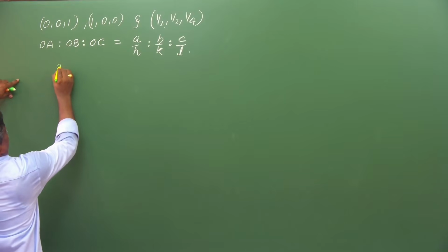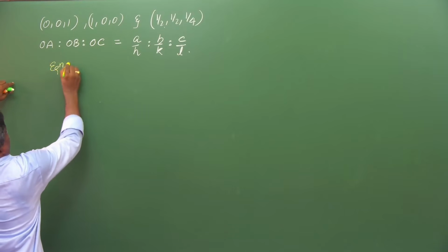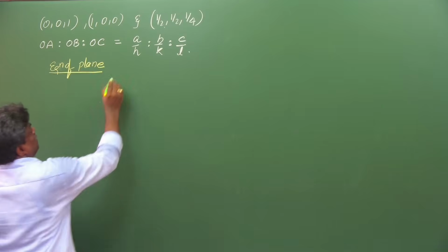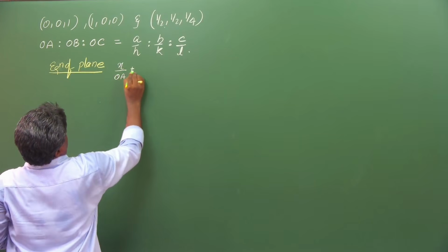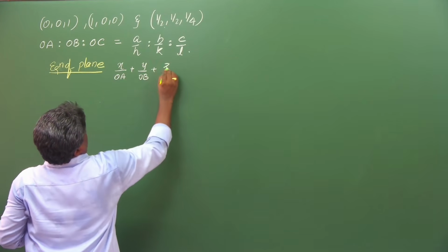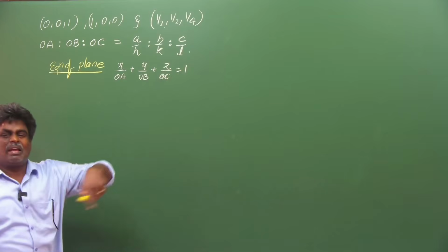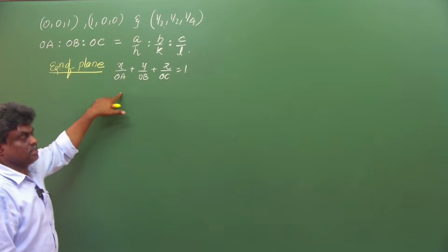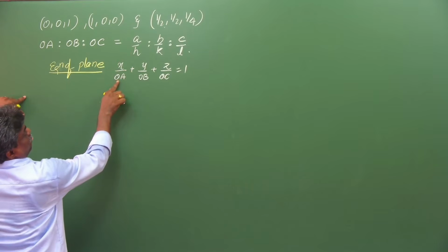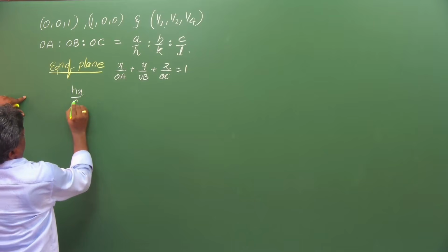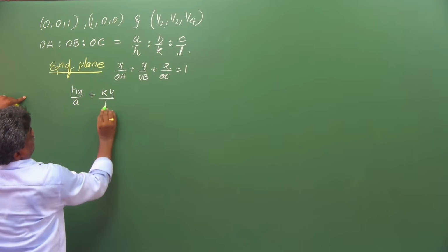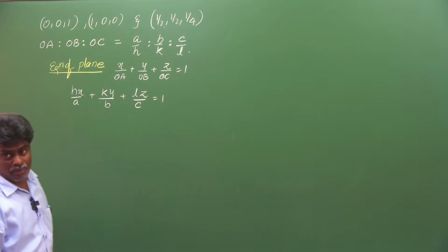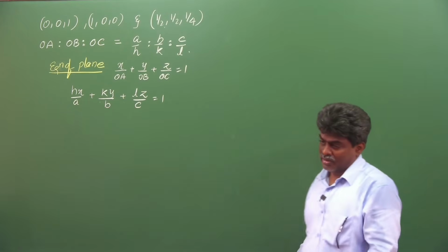Now you know one thing, the equation of the plane, because he has given that the plane is passing through the points. I already defined the equation of the plane as x by OA plus y by OB plus z by OC equal to 1. Don't memorize it by heart: hx by A plus ky by B plus lz by C equal to 1. So OA I am substituting as A by H. Now substitute the points one by one and get HKL.